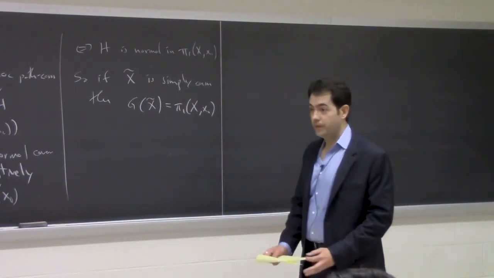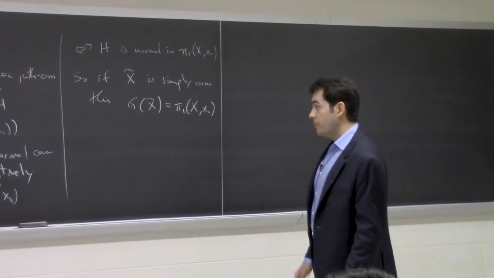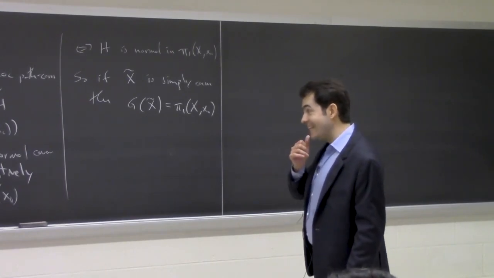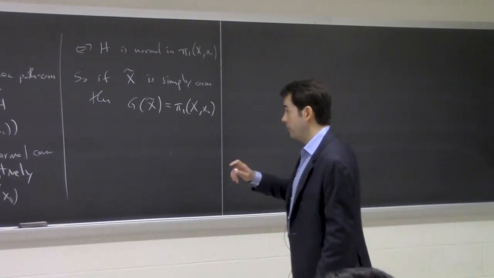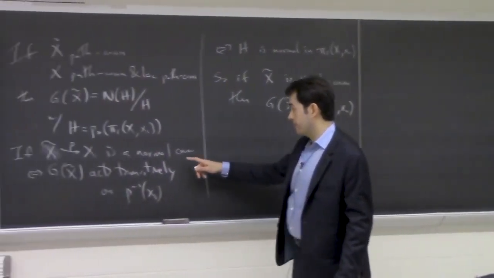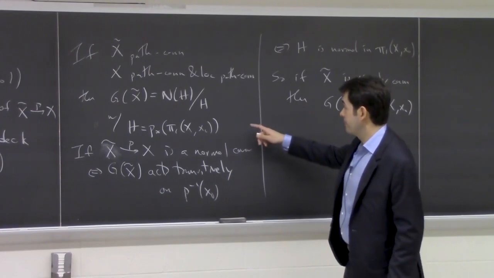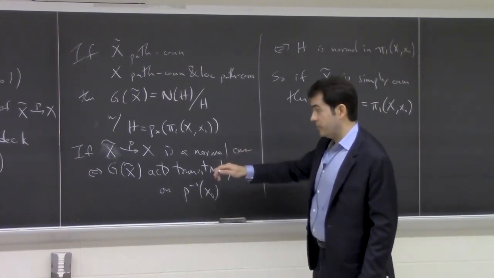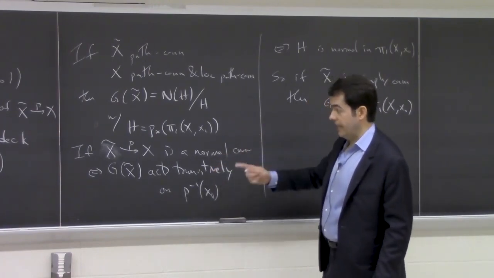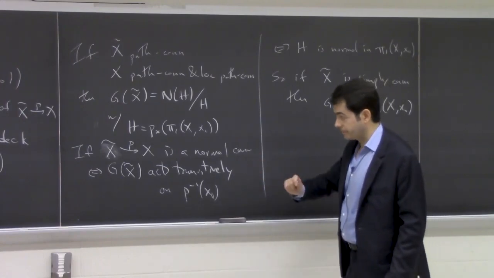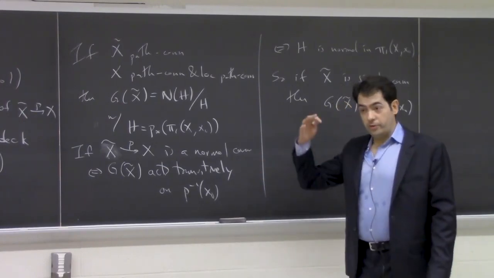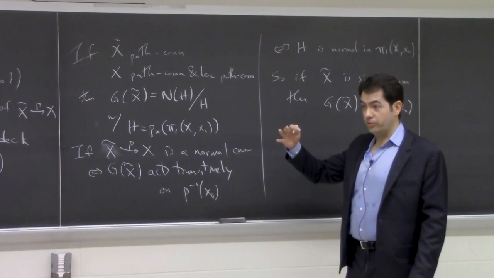Okay, wonderful. So the first thing we want to do today is think a little more about having a covering space and the set of deck transformations acting on the total space, on the upstairs, right?